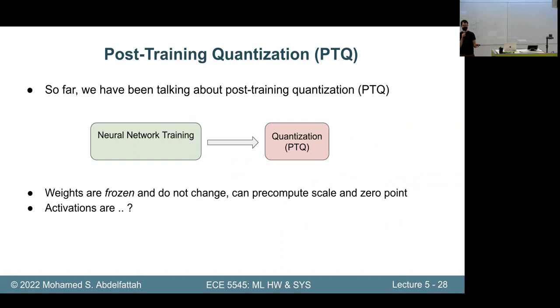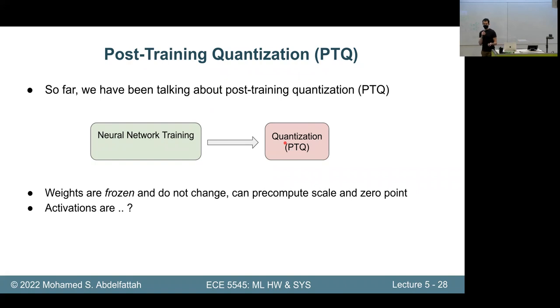To have it run efficiently, I take that trained model and change all of those weights to be int8 numbers instead of floating point 32. And then also the activations as they're coming in, I'm changing them from FP32 to int8 as well. So I do the neural network training, and then I move on to this post-training quantization.